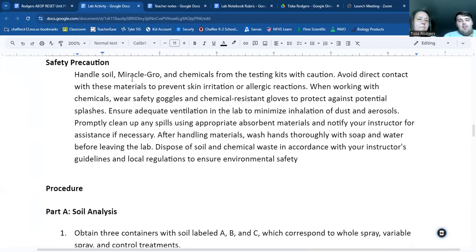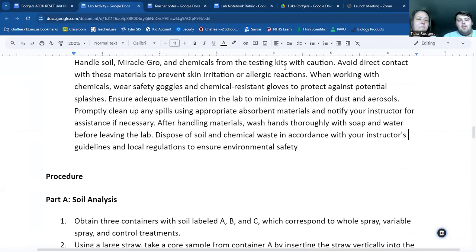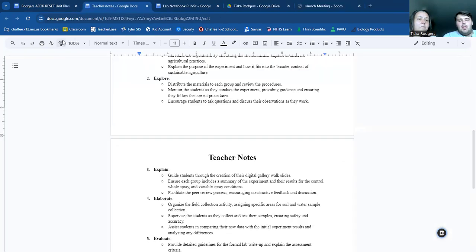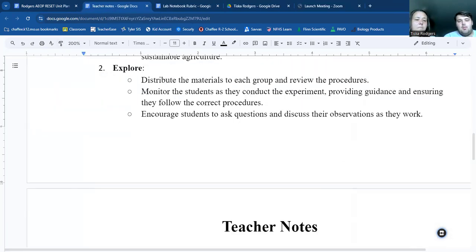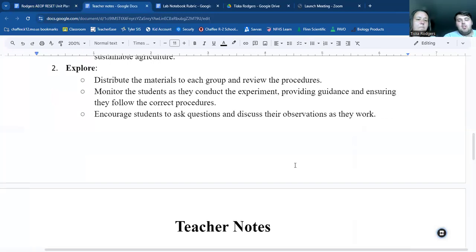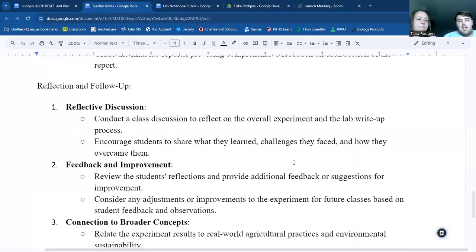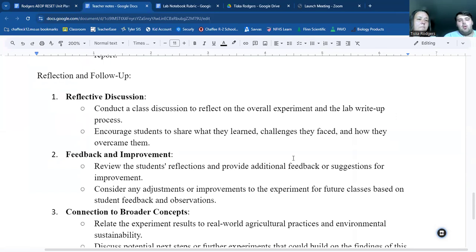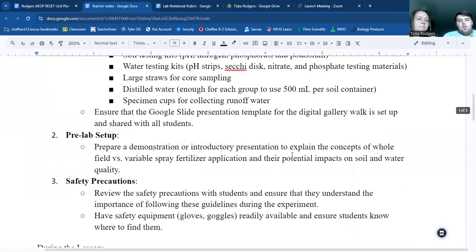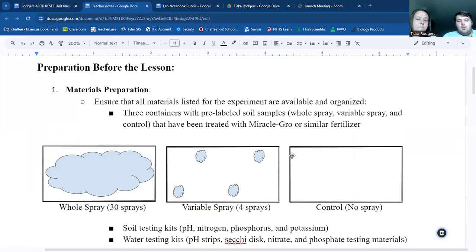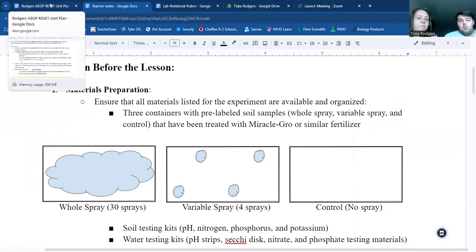We also have teacher notes available. Both the teacher notes and the lab would be in the lesson plan to show you how to help set it up and how the reflection can work, showing the whole spray, the variable spray, and then you have a control for each group.